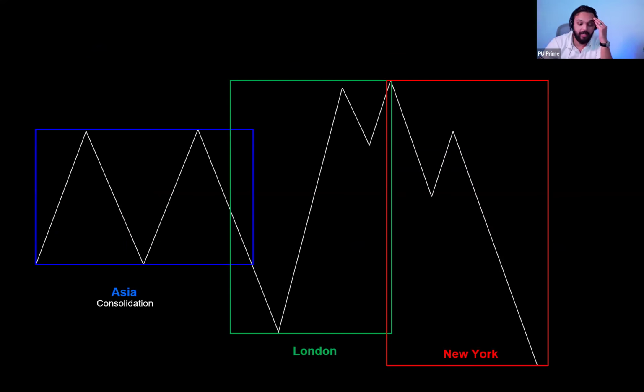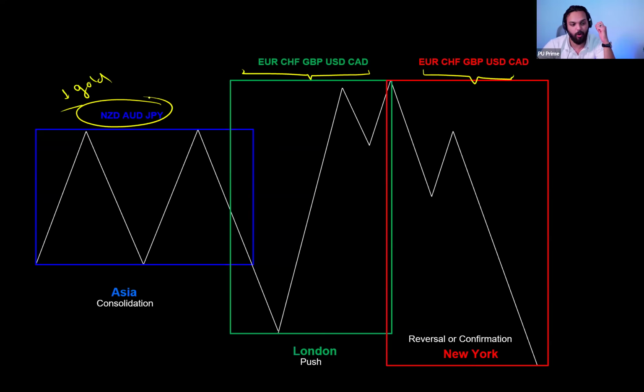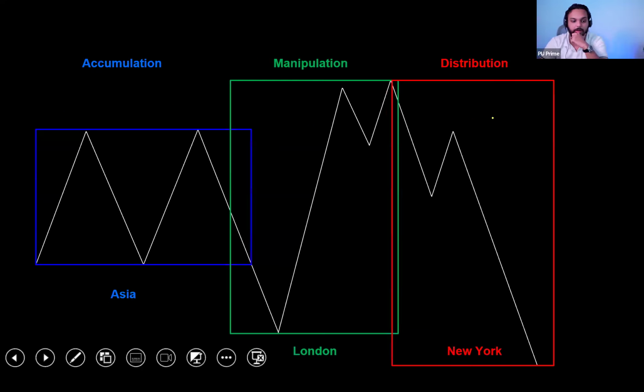Because you can describe Asia session as a consolidation, London as a push, New York as a reversal from London or a confirmation of London. This is not a rule, just a behavior that happens most of the time. You trade these pairs in each session in terms of currencies. However, you can add gold to all of the sessions.